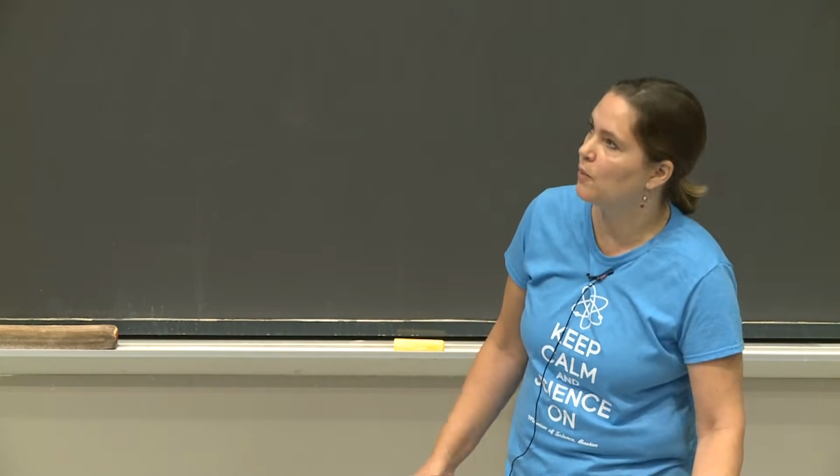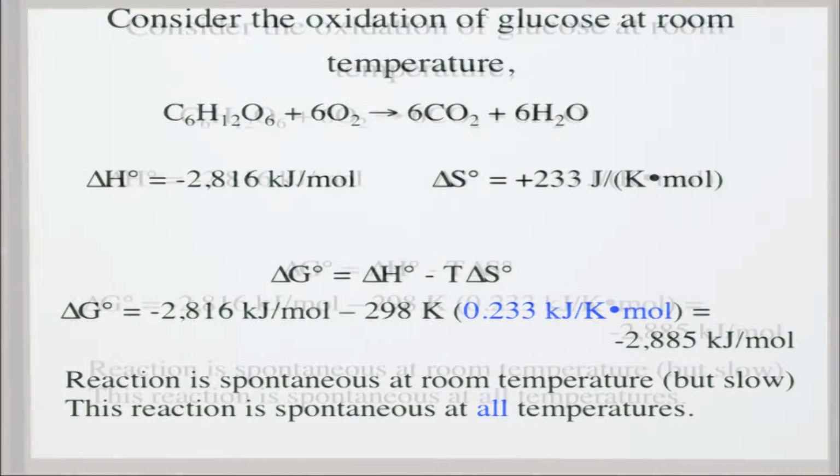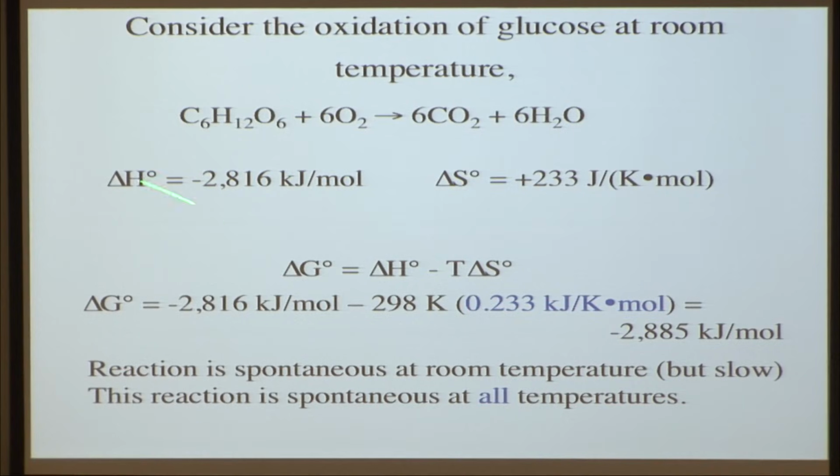So if we go back here, the reaction's spontaneous at all temperatures, and that's because to be spontaneous, you want a delta G that's negative. If delta H is negative and delta S is positive, then you'll have a negative minus a positive. So it doesn't matter what the temperature is, this will always yield a negative delta G naught.